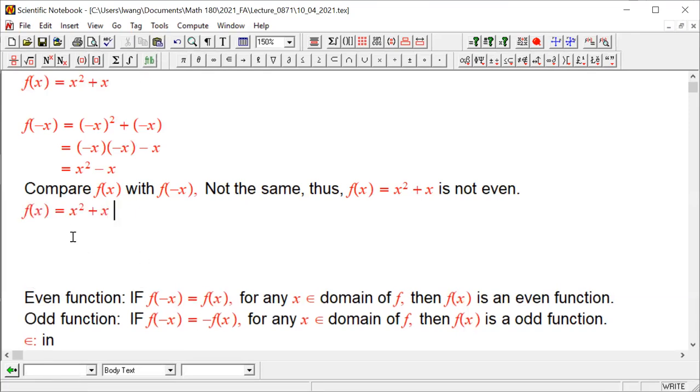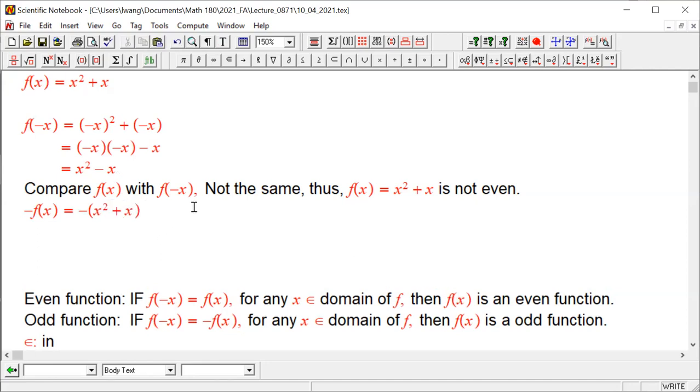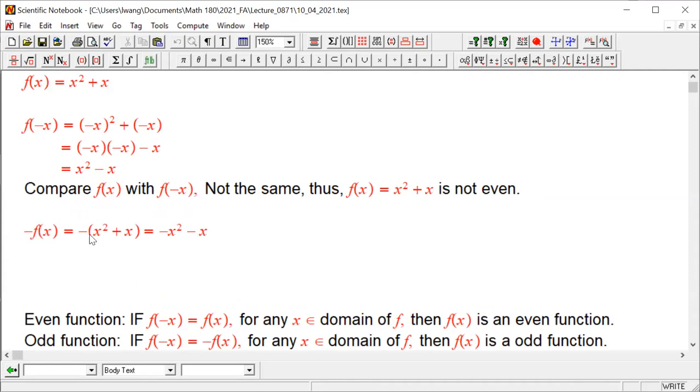So what is a negative f of x? You put a negative sign in front of the output, and that's going to be negative x squared minus x.